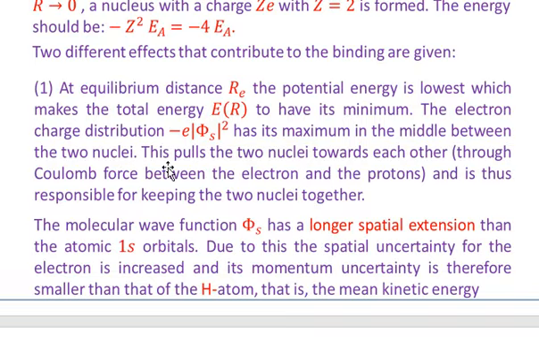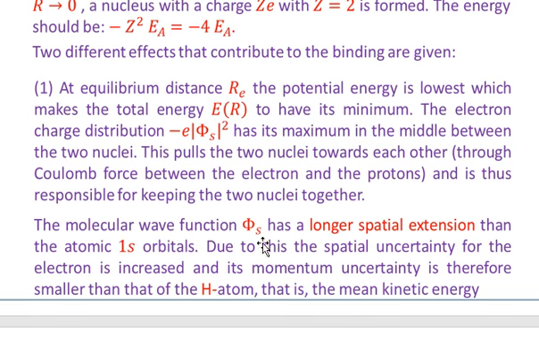This pulls the two nuclei towards each other through the Coulomb force between the electron and the protons. So the electron will attract the two protons together, and is thus responsible for keeping the two nuclei together. And here we have ignored the repulsive forces between the two nuclei.